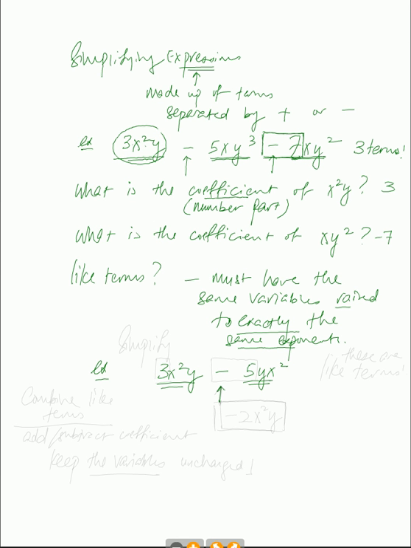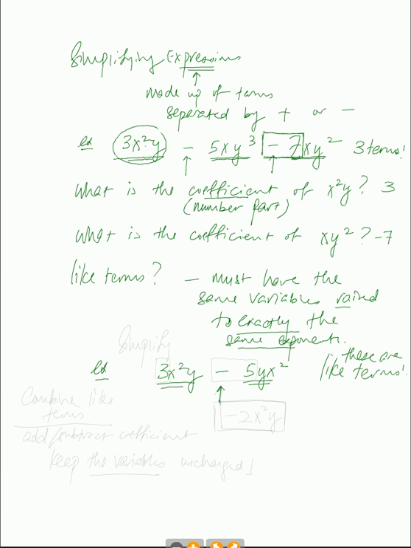Looking at the second term, can you see it's also 1y and 2x's? So if you look carefully, these are like terms. Although it looks different, really they're the same because multiplication is commutative.